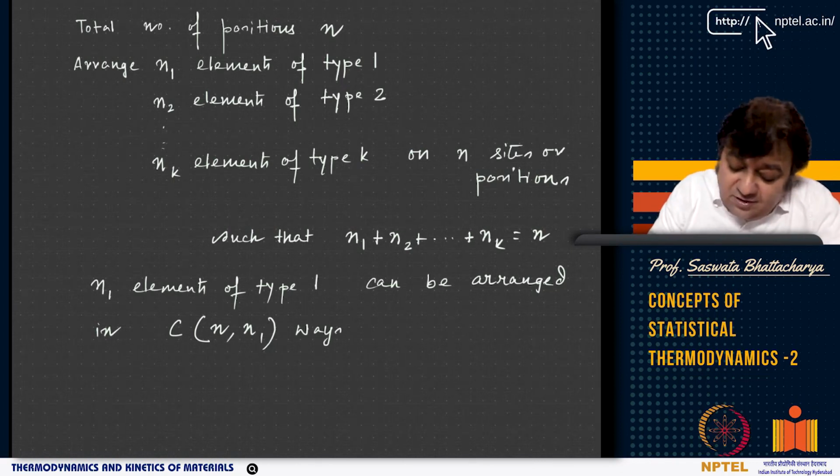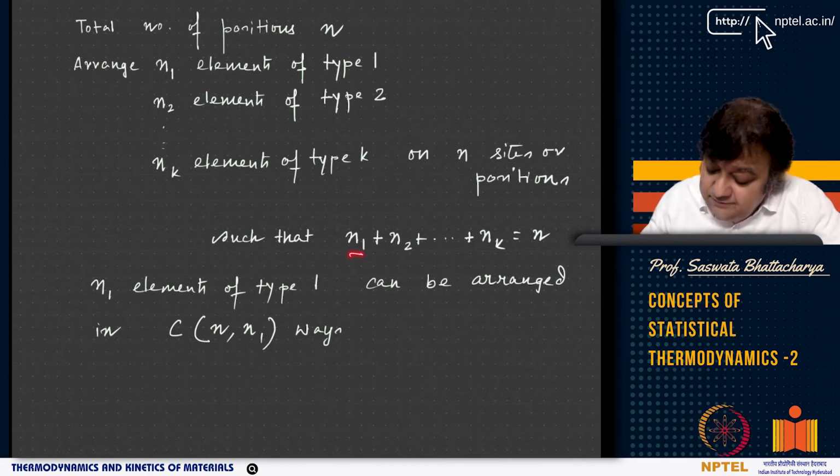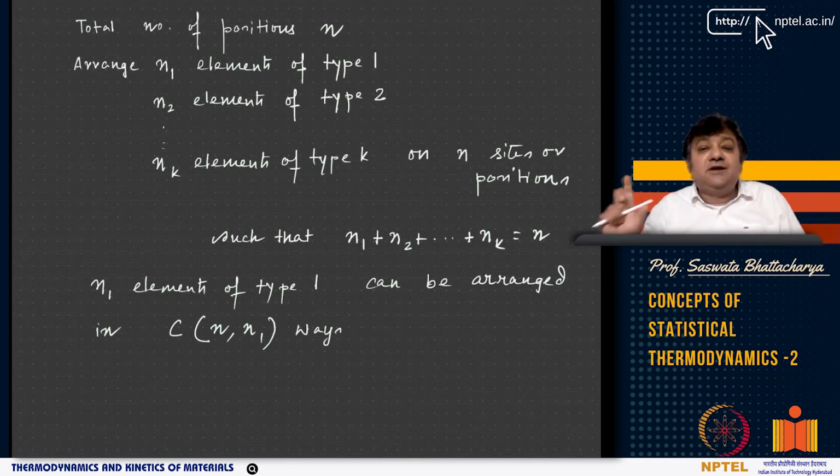Now we want to put all these elements on n sites such that n1 plus n2 plus dot dot dot nk sums up to n. So if I have three types, n1 of type 1, n2 of type 2, and n3 of type 3, and you have n sites, then n1 plus n2 plus n3 equals n.